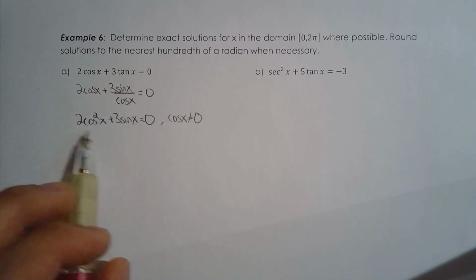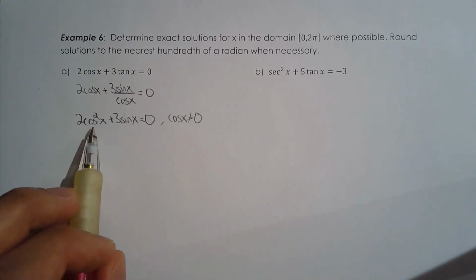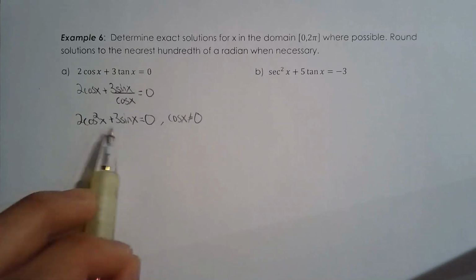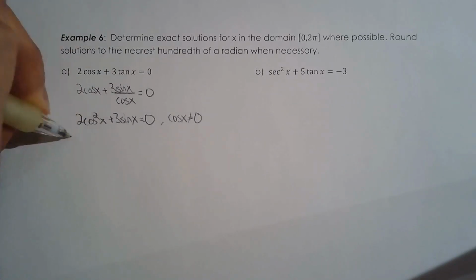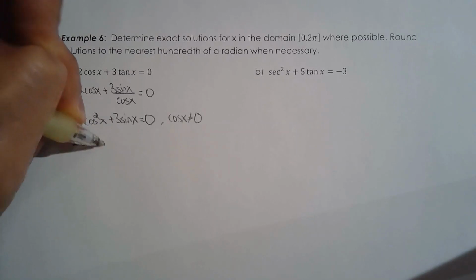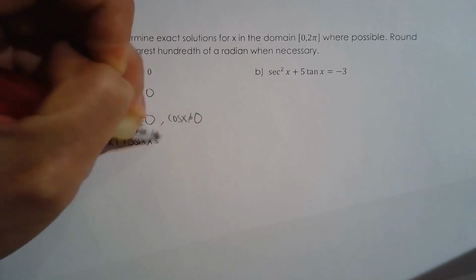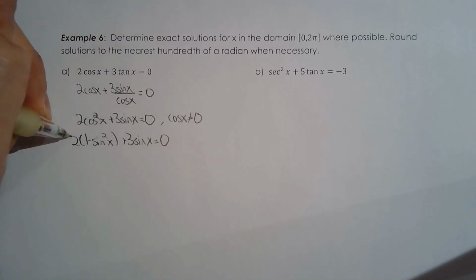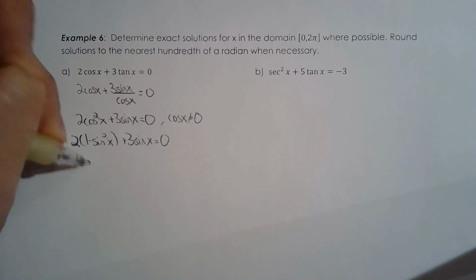Okay, so 2 cos squared x plus 3 sine x. So it's the same problem I had last time. I don't like to see cos and sine. I want to see just sine, for example. So I can do that: 1 minus sine squared x. I'll show all my steps.